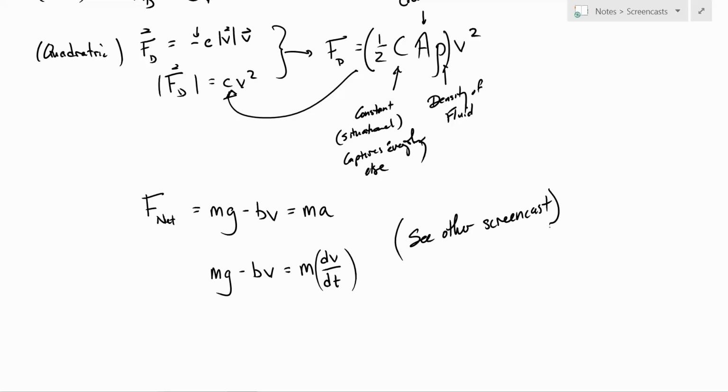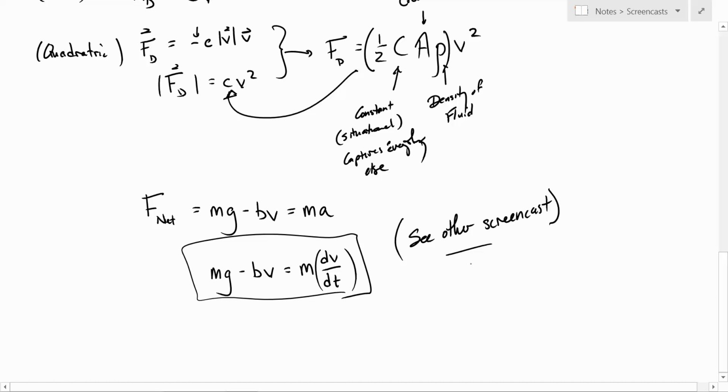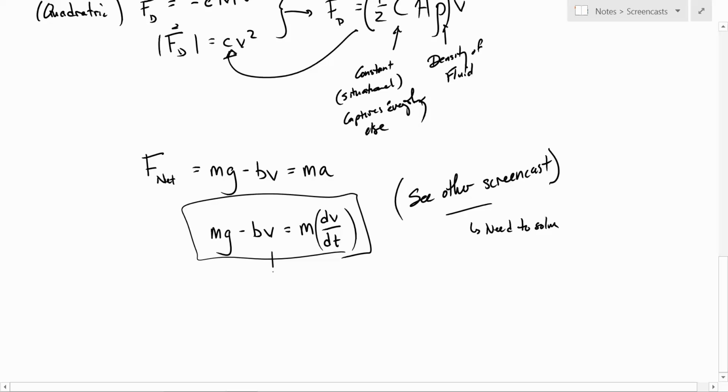It is reasonably likely that at least this much will appear. It is moderately likely that you will need to solve the differential equation, which gives you something that looks like an exponential something. I'm going to get it wrong if I try to do it off the top of my head. But the point is that as this gets bigger, because as you fall you speed up, this stays the same, which means that this whole side approaches 0, which gets you this idea of terminal velocity.